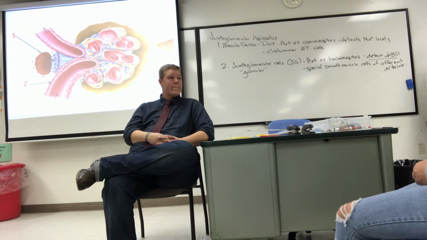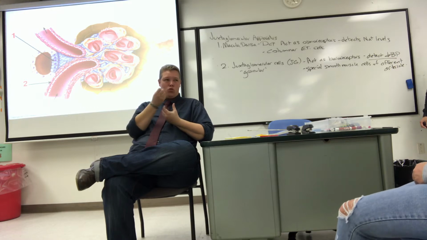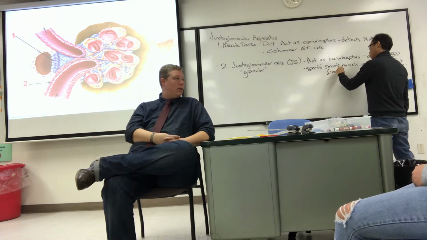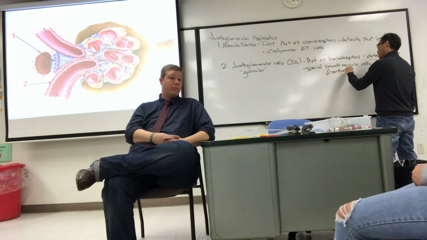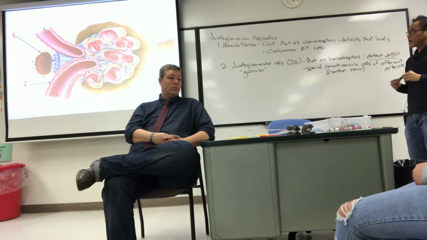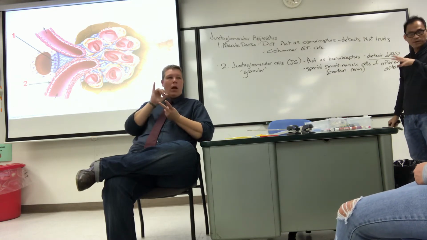And why are they special? What do they got? The granules contain renin. So that's the apparatus. We saw how the macula densa cells can alter the afferent arteriole.